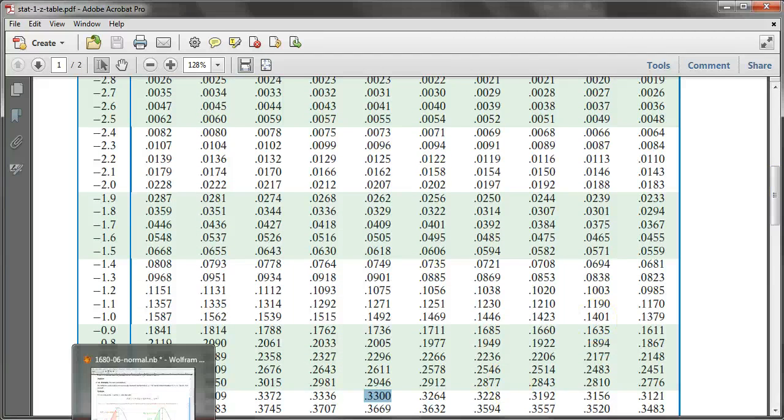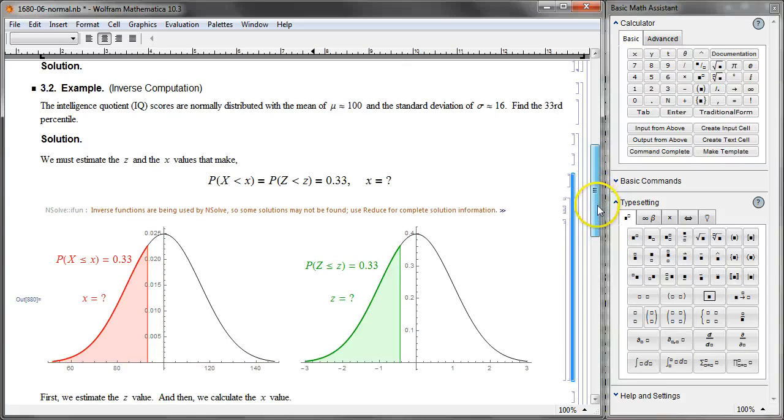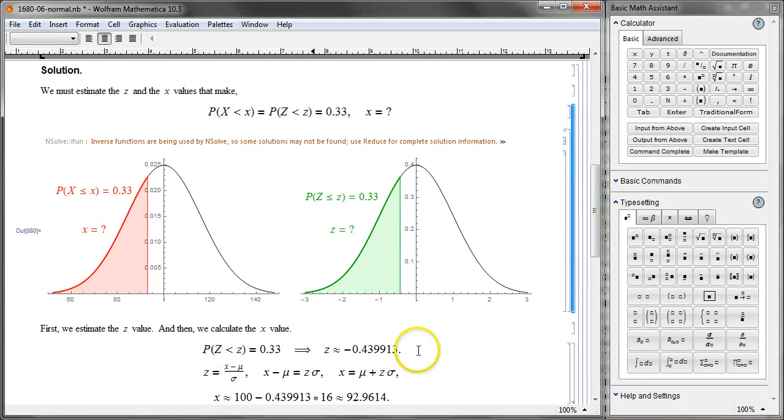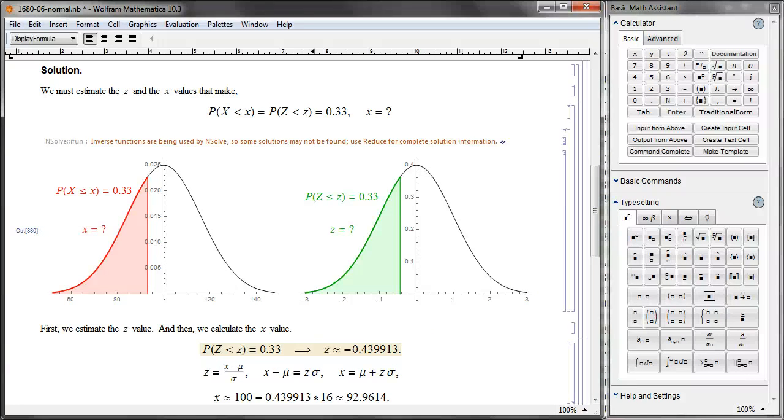Let's go back to the Mathematica notebook. And yes, negative 0.44. I used a little bit more accurate figure using Mathematica's computation, so I got negative 0.4399 something, and the figure I got from the z table is negative 0.44, which is pretty close.